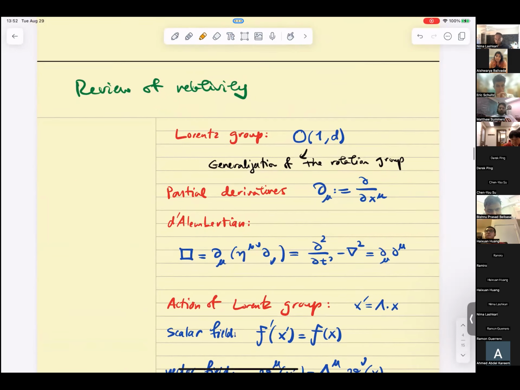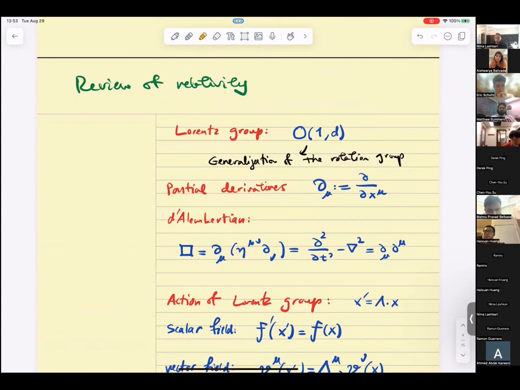All right, to continue with relativity, just to set the notation again, as I said, the Lorentz group is this generalization of the rotation group where you put O(1,D). This one is to tell you about how we are combining time and space, and these are just the standard O(D) rotations, and this one has to do with boosts, right?